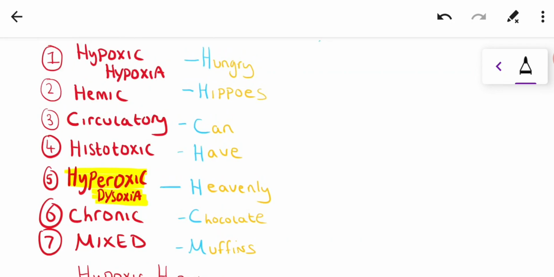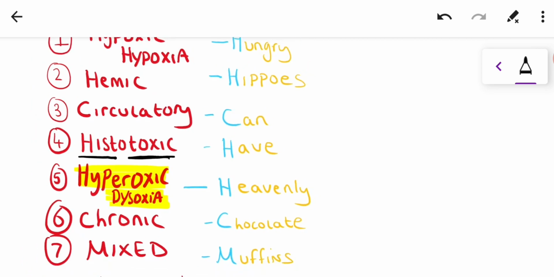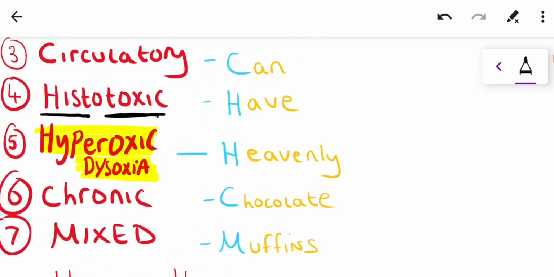Histotoxic is all about the histo, the tissue, and toxic effects, which can damage the tissue. Hyperoxic, this is all about increase of oxygen. This increase of oxygen can cause certain damaging effects on the tissue, i.e. dysoxia.